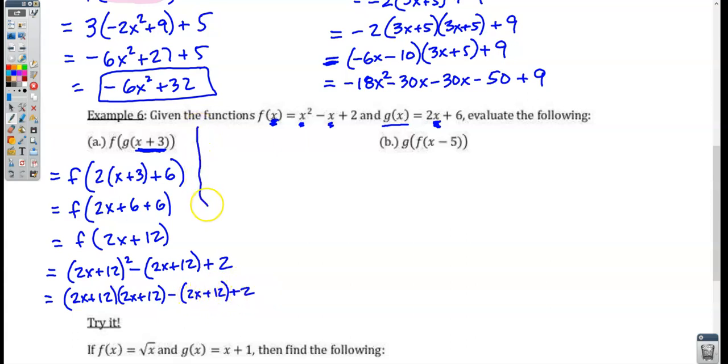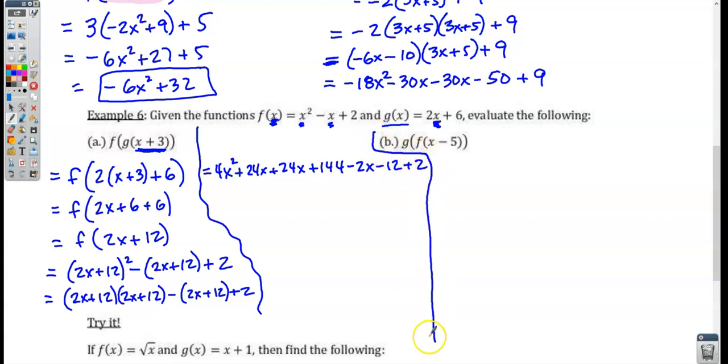So now I'm going to go ahead and multiply that out. And that gives me 4x squared plus 24x plus 24x plus 144 minus 2x minus 12 plus 2. And now I'm going to combine my like terms. 4x squareds are my only x squareds.